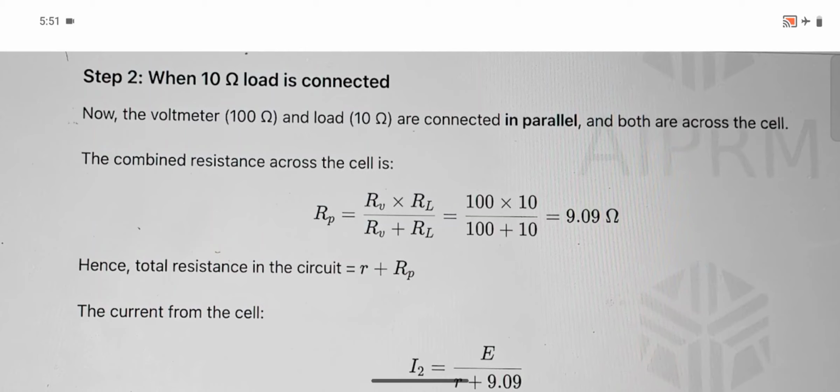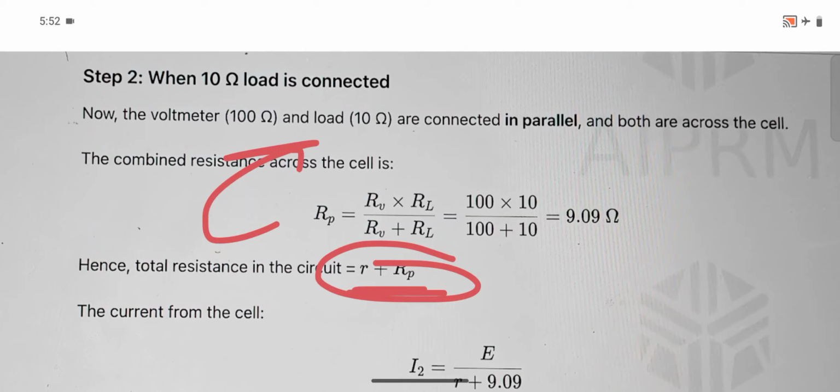Now for the total resistance, we take the voltmeter and load combination in series with the internal resistance r, so the equivalent resistance will be r plus RP.